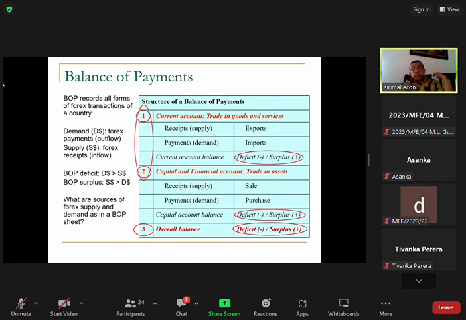Then we have a question: what do we mean by a balance of payment problem? That's a topic beyond our discussion, but anyway, I will give you a basic premise to understand the answer to that question. By looking at the numbers, you cannot come to the conclusion whether the country has a balance of payment problem or not.